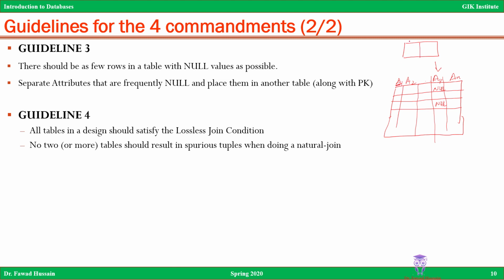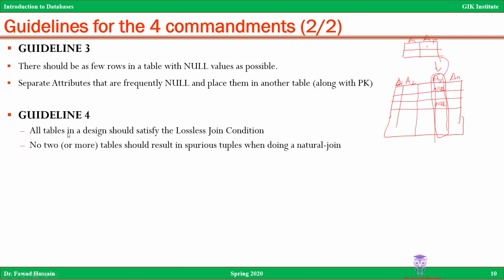I'm going to take the primary key, A1, and then AP. If it's null, you don't have an entry here. If it's not null, you have an entry here. So you remove this column and shift it to another table. In this way, you are avoiding all the null values.